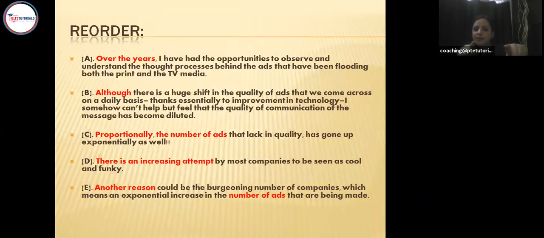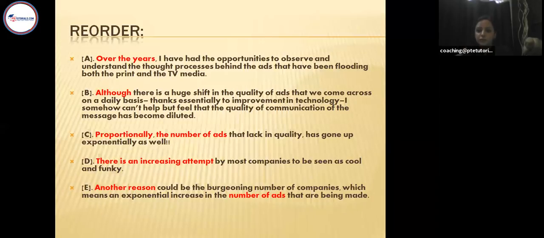Then read the last line. There have been flooding both the print and the TV media. Okay, I got something. They're talking about some ads. After that, although there is a huge shift in the quality of ads that we come across on a daily basis. Now read again. Whenever you get one cohesive device, one transition word, never ever try to take that particular sentence as it is.